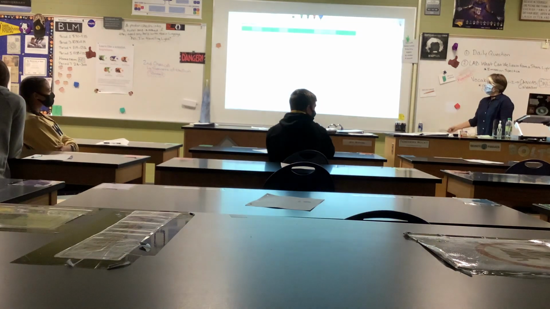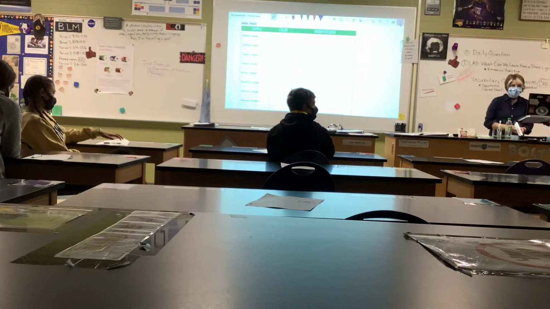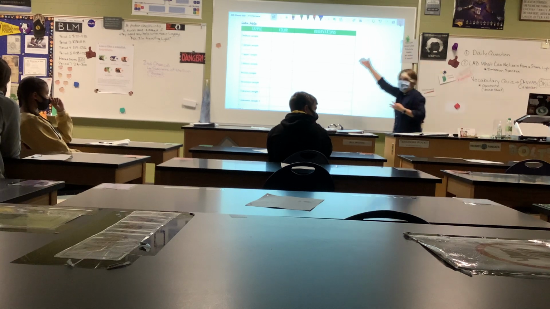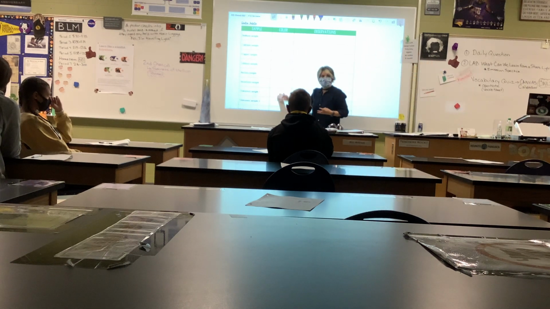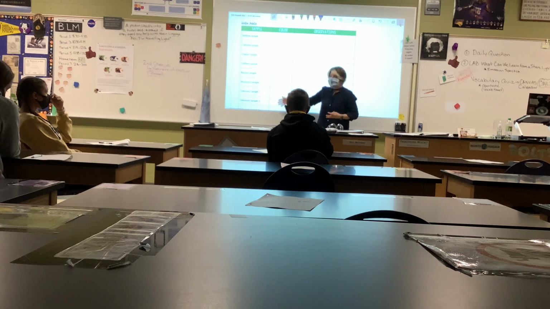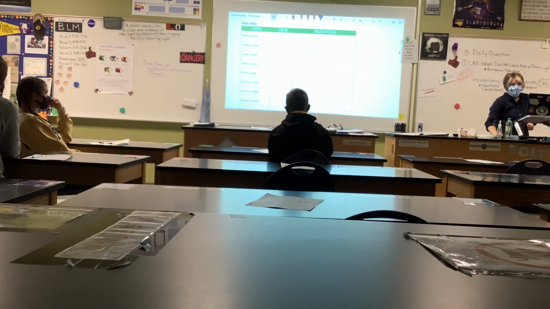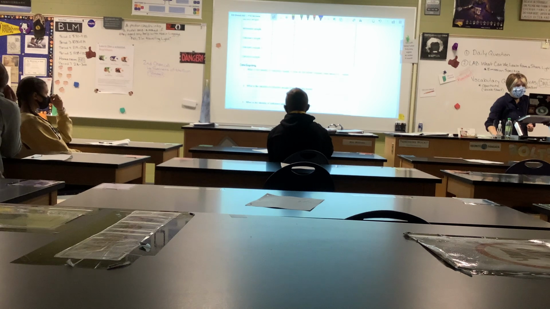Okay, so I am not interested in what you thought the colors were. These are your observations. So there's no right or wrong answer here at all. This is you as a scientist collecting data. All right, so let's go ahead then and look at the first question.